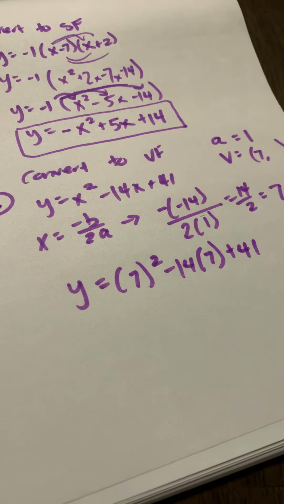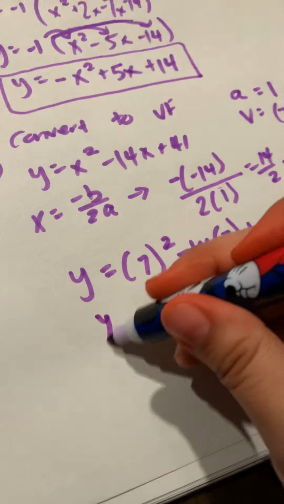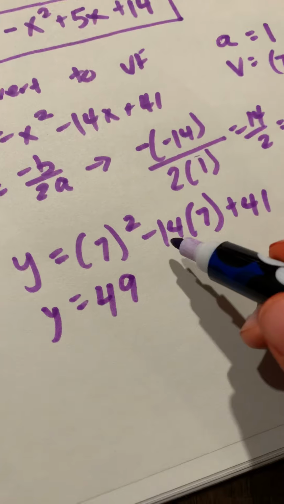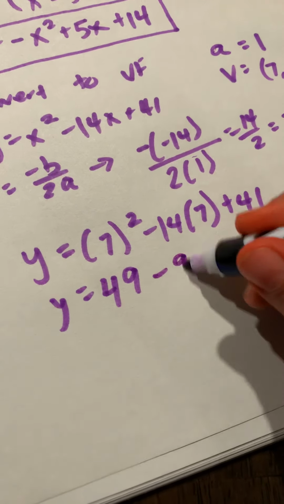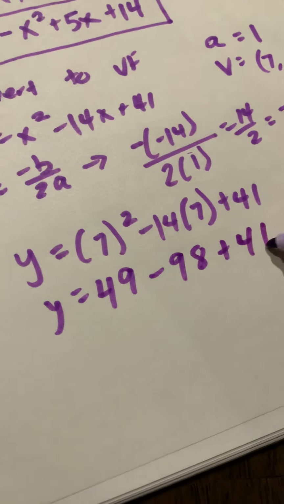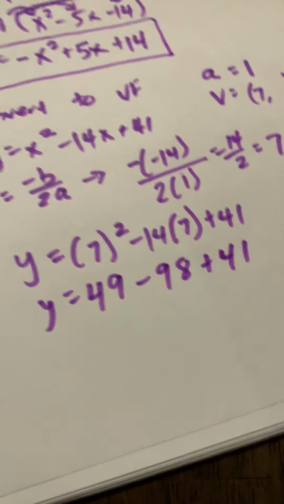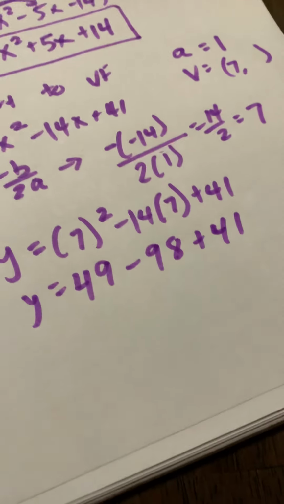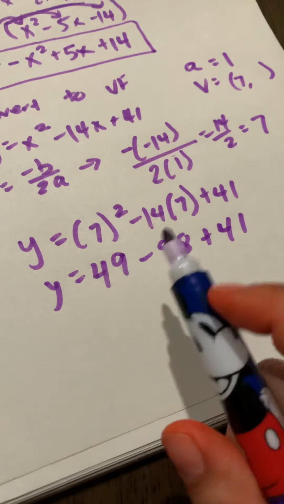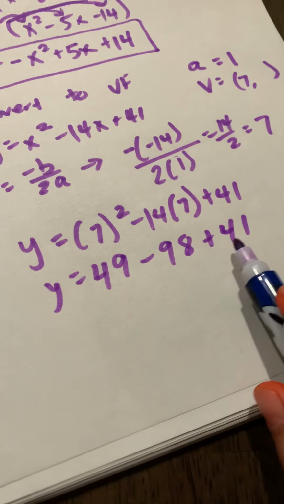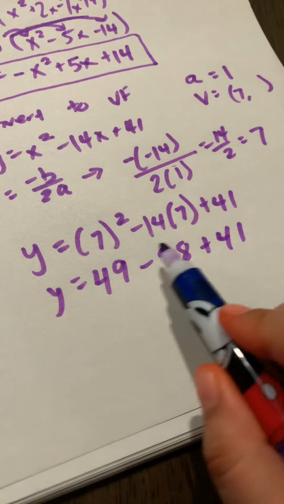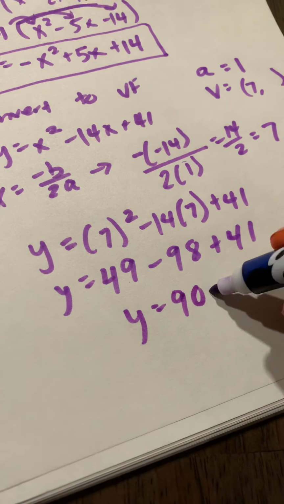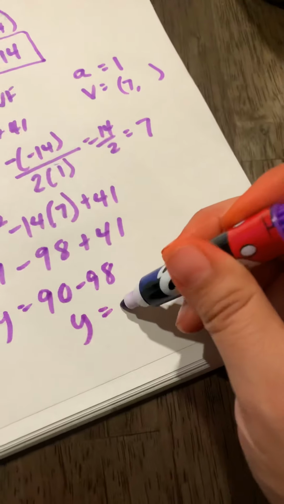So I'll do 7 squared is 49, and then -14 times 7, that's minus 98, and plus 41. So I like to chunk, but do this however you want. You guys could just put it in a calculator. But I would probably do 49 and 41 first, because I know the 1 here would give me 50, and then I just had to add 40. So that's 90 minus 98, which is -8.